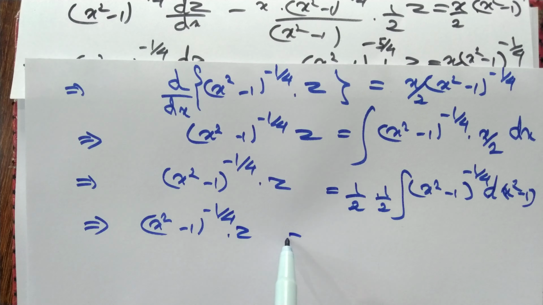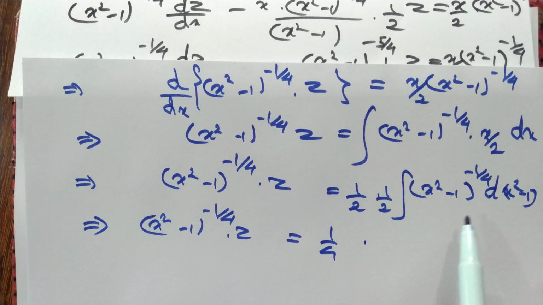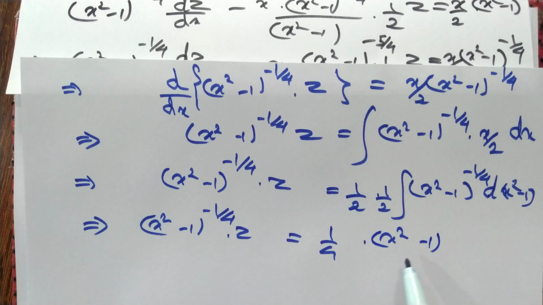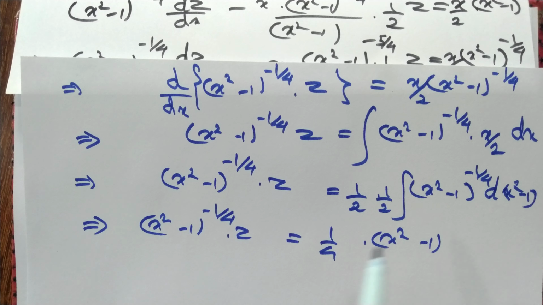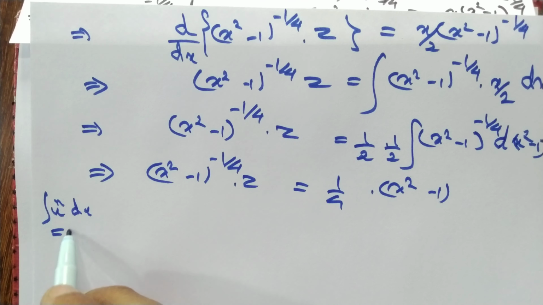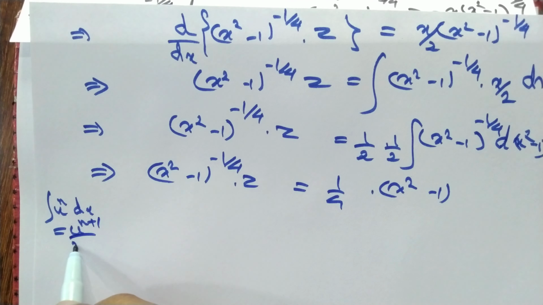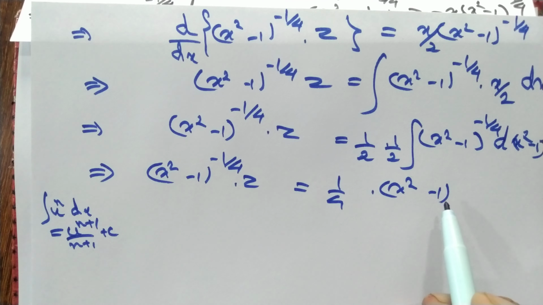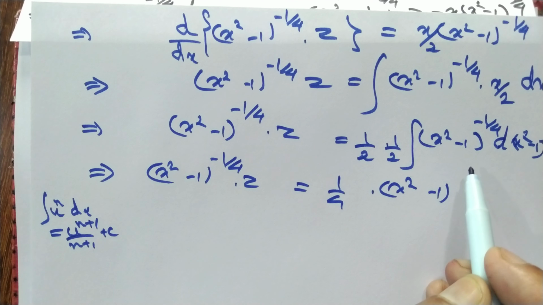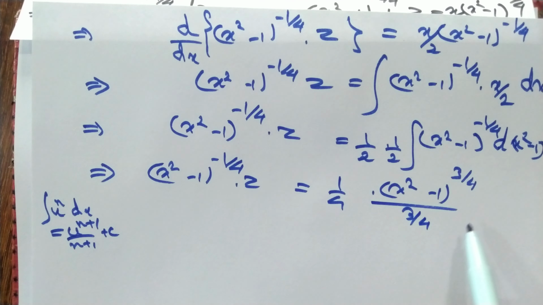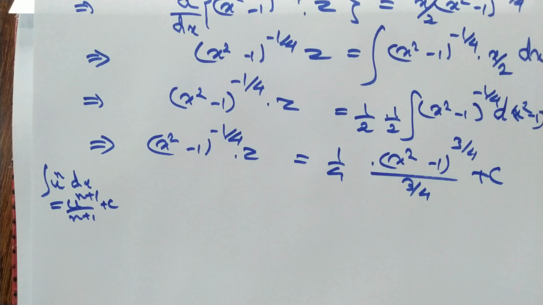Now it's quite easy to integrate. We simply write it as, you know that integral of u to the power n du equal to u to the power n plus 1 by n plus 1 plus some constant. So this is equal to x square minus 1 to the power minus 1/4 plus 1 is 3/4 divided by 3/4 plus some constant.